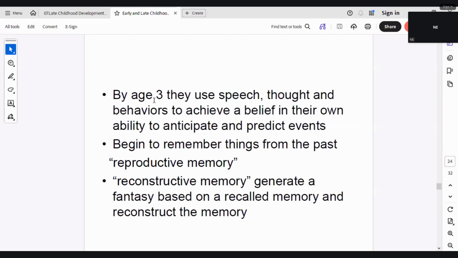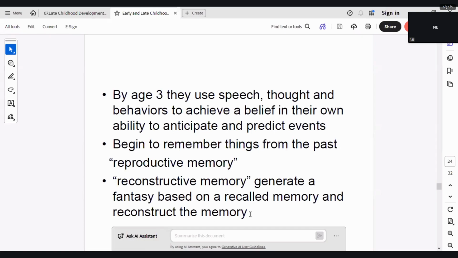Looking at language, in summary, by age 3, they use speech, thought, and behaviors to achieve a belief in their own ability to anticipate and predict events. They could remember things from the past at the age of 3, but sometimes it's reconstructive. They can generate a fantasy based on a recalled memory and then reconstruct a memory. So if you're talking to a 3-year-old or 4-year-old, sometimes they'll tell you some fantastic things.